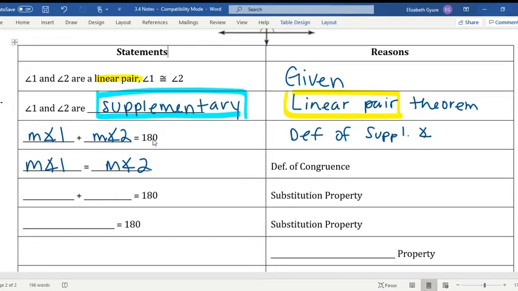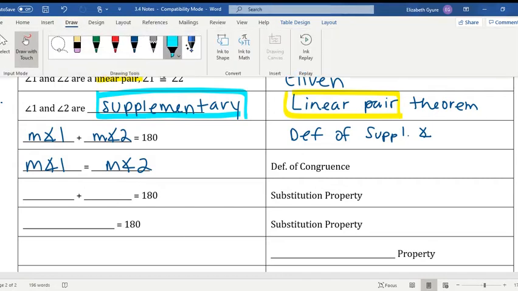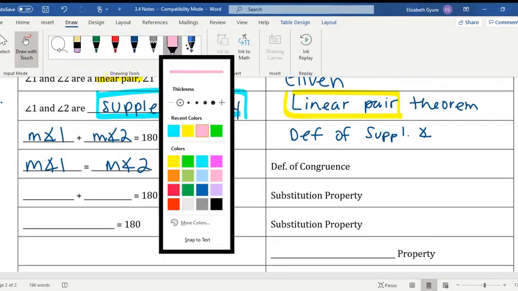So what we're going to need to do now is it's telling me to substitute. Well, what could I substitute? I have an equation, and I know that the measure of angle 1 and the measure of angle 2 are the same. And when things are the same, aren't they interchangeable? Yes, no, maybe. When things are the same, are they interchangeable? Yeah, so what I'm actually going to do here is switch some things up.